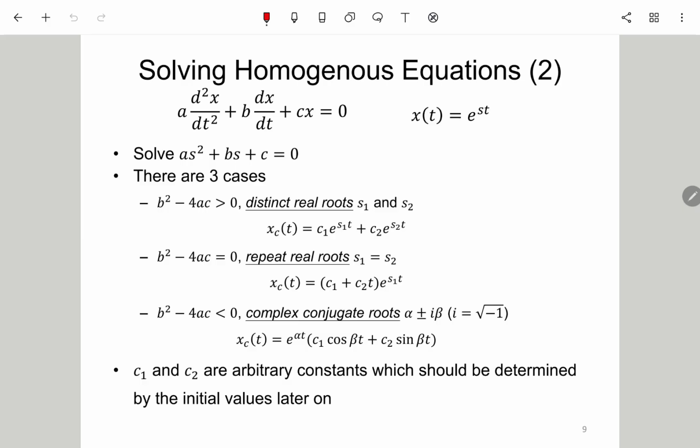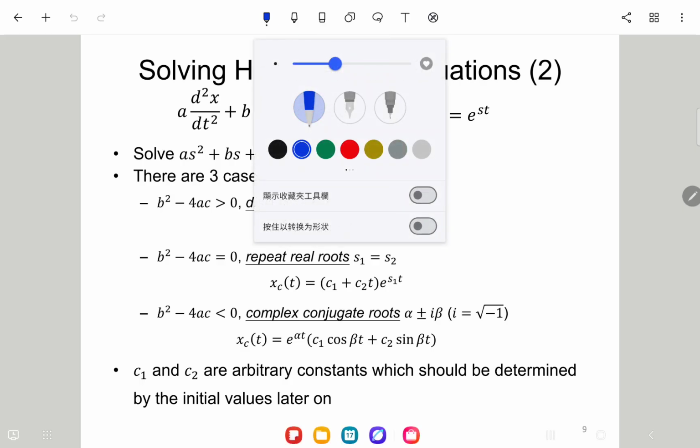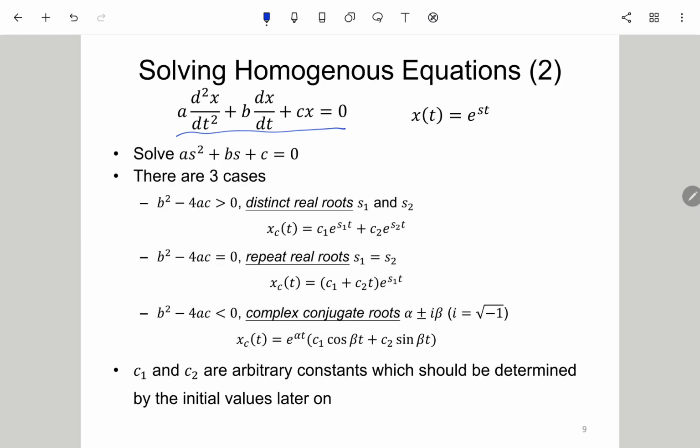Here I summarize the main point. We have this second order homogeneous equation, we have this assumption, and then we would like to solve this quadratic equation so that if we are able to find s, it will fulfill the equation.